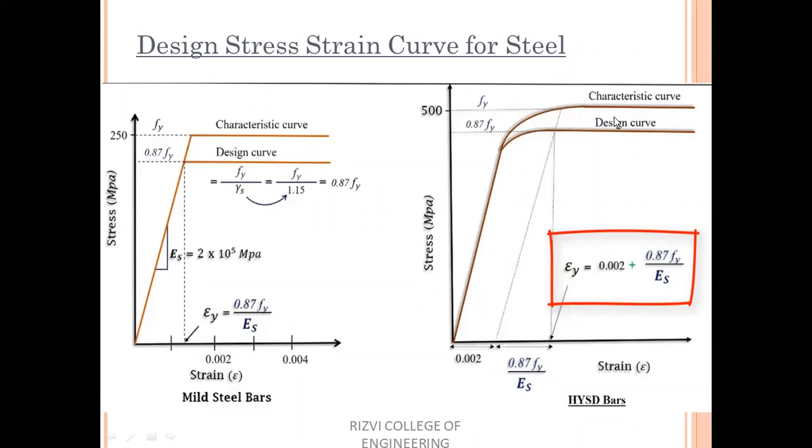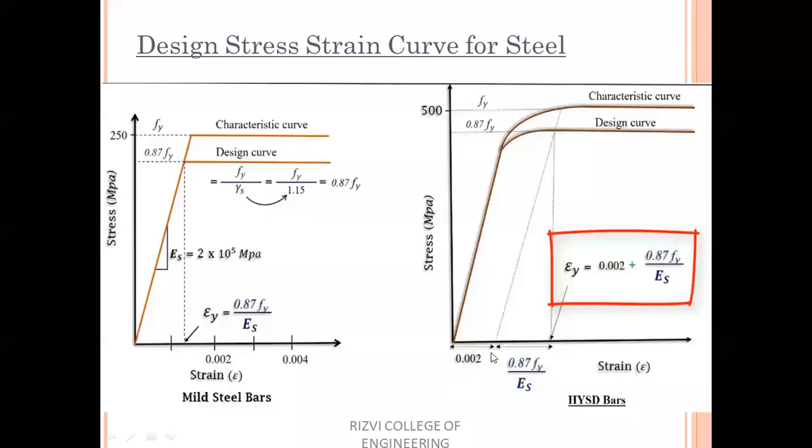So hence what we consider as the yield stress is the 0.2% proof stress. Remember this, the yield stress in case of HYSD bars we consider as the 0.2% proof stress. So 0.2% if you consider, this will become 0.002.